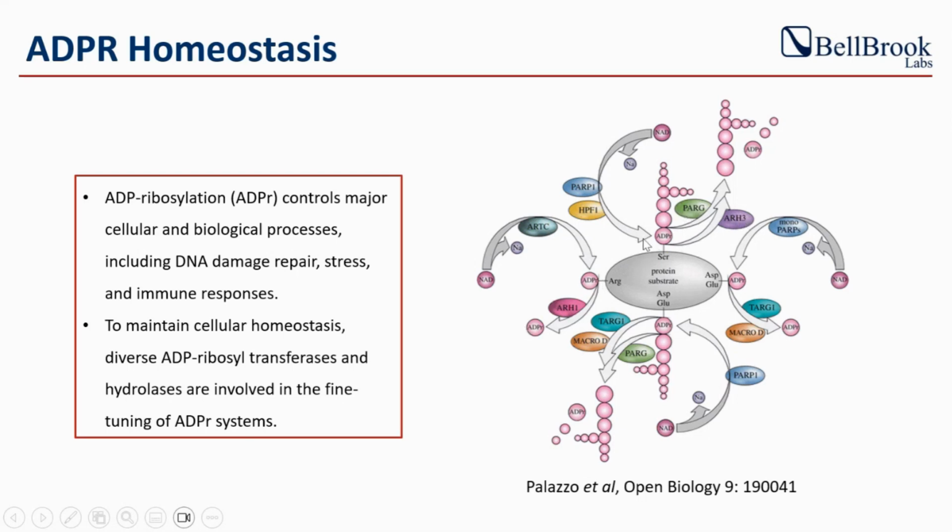We also have enzymes that control the NAD level. NAD is an important material for ADP-ribosylation, so the enzymes that control it are involved in this process as well. Those are NADases, such as CD38. For the specific topic today, we're going to focus on CD38 and PARG.